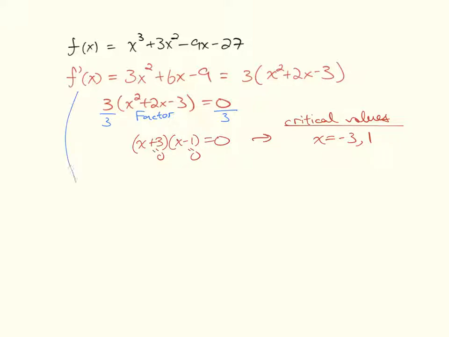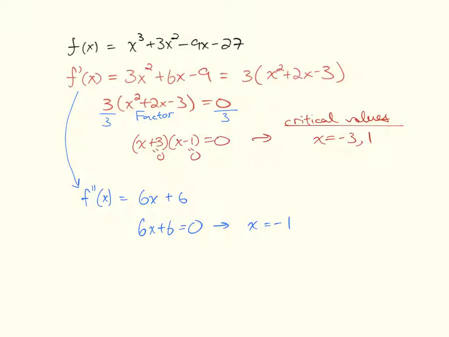So from the first derivative, you can find the second derivative by the power rule. That gives you 6x plus 6. And to find any possible points of inflection, we can set this 6x plus 6 equal to 0 and solve for x, and that tells you x equals -1.